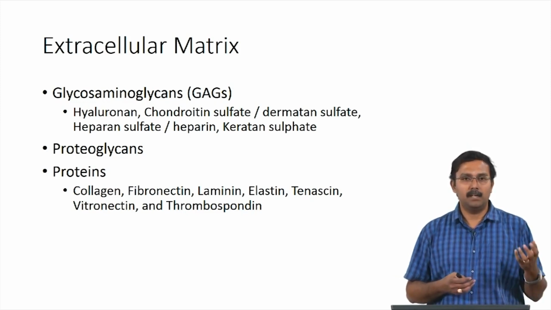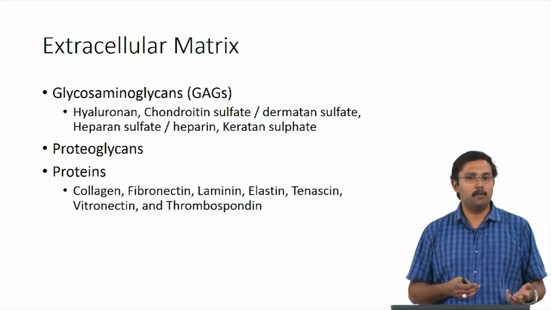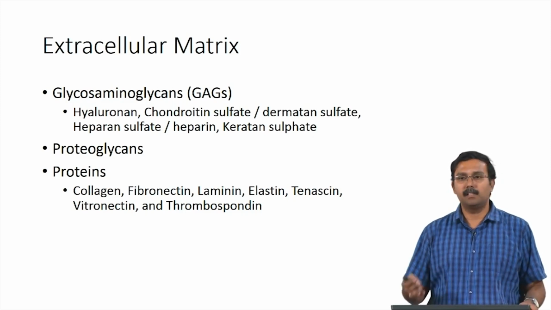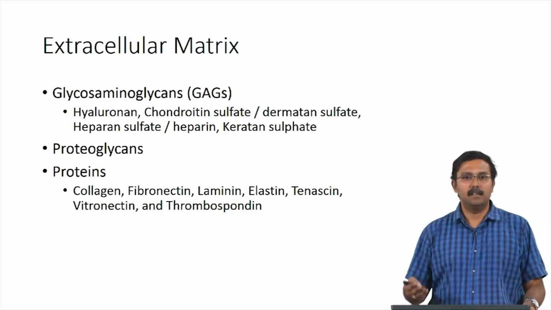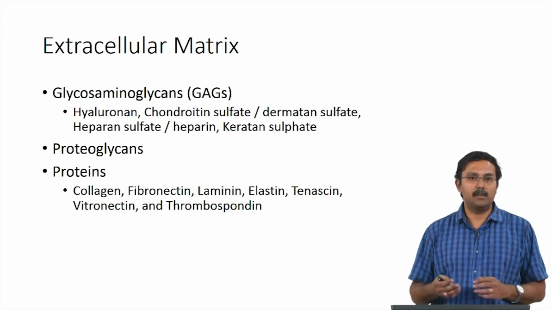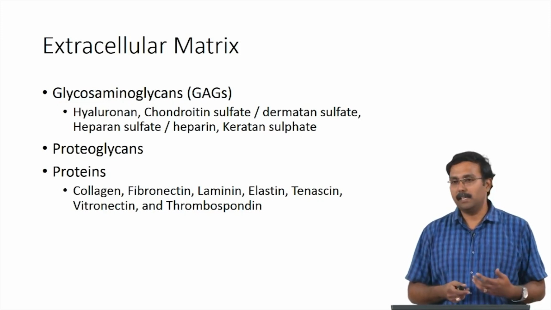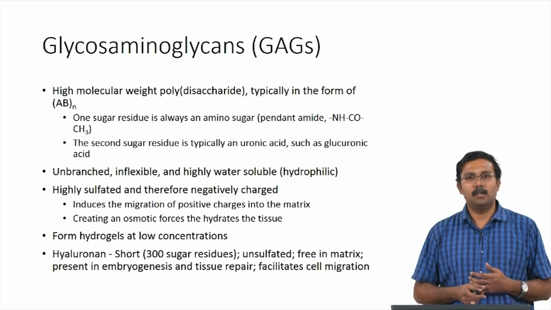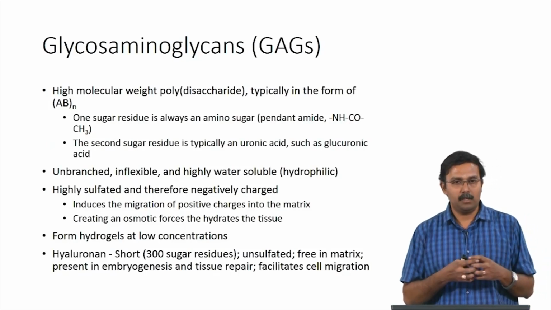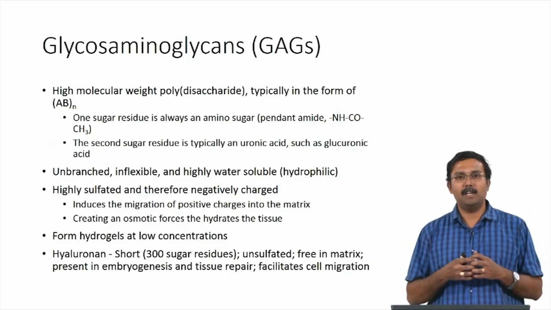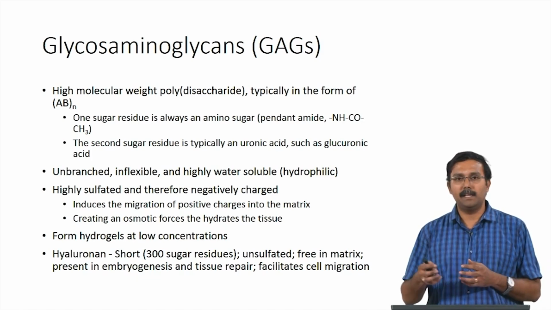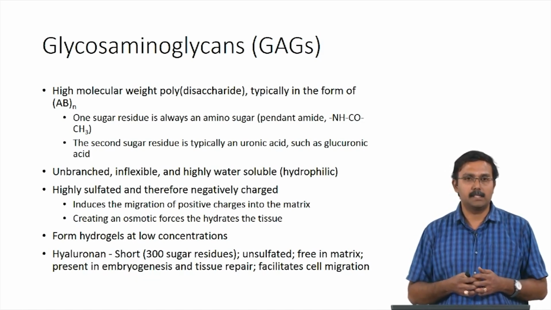And you could have proteoglycans and proteins such as collagen, fibronectin, laminin, elastin, tenascin, vitronectin, thrombospondin and many other things. Depending on what is present, each of them would have different ligands which will help in attachment of cells.